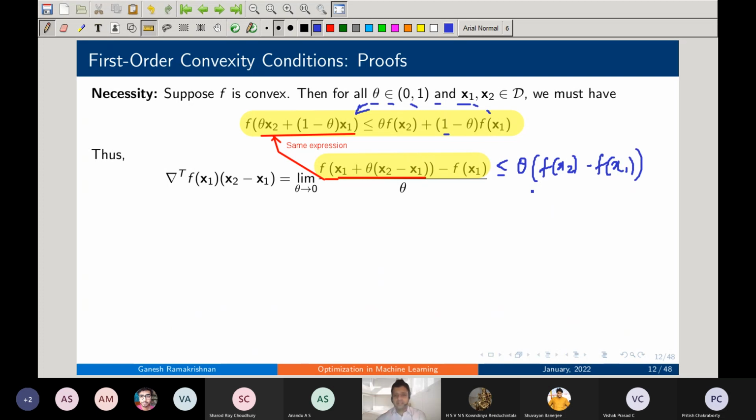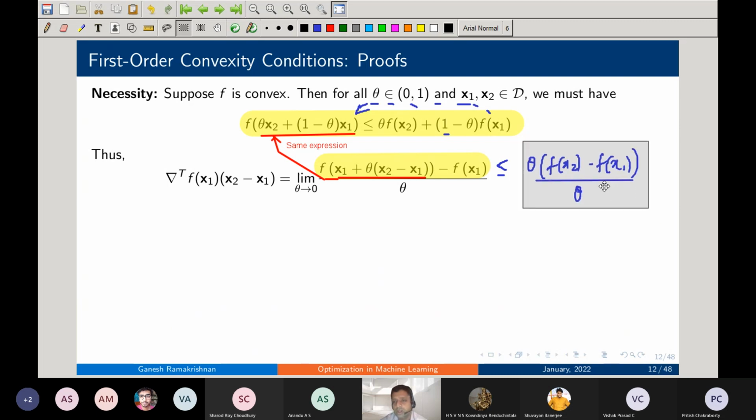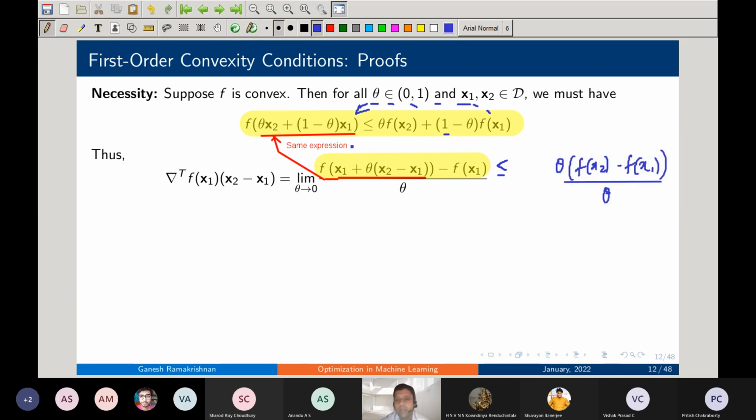But then limit as theta tends to 0, so I have to say this divided by theta. This is the limit as theta tends to 0 of this entire expression.